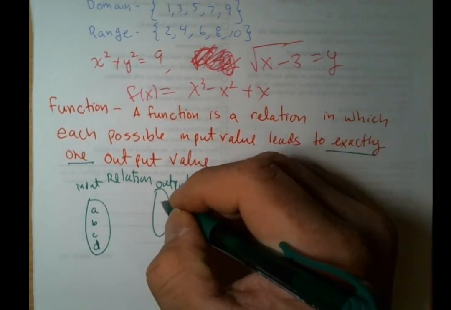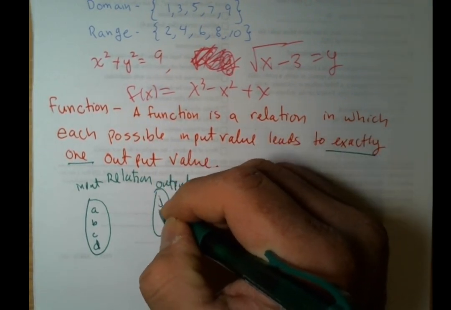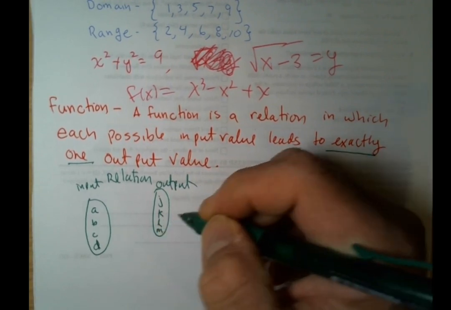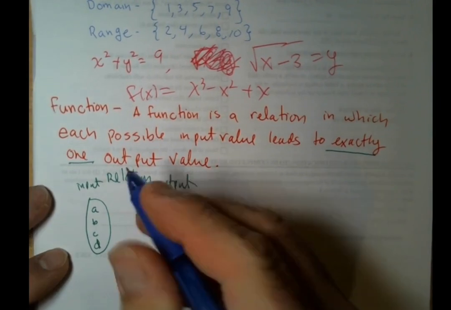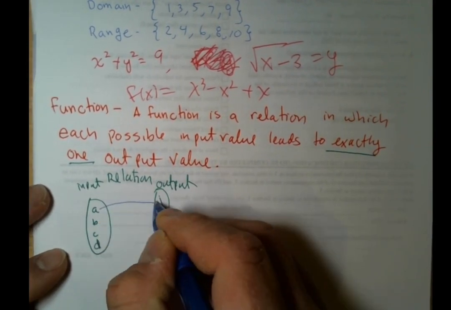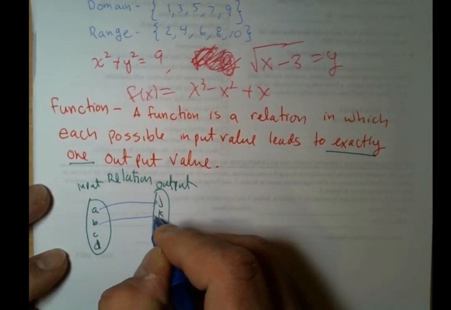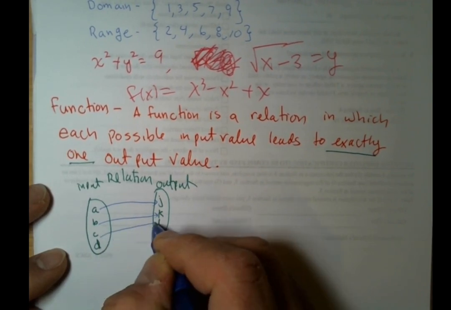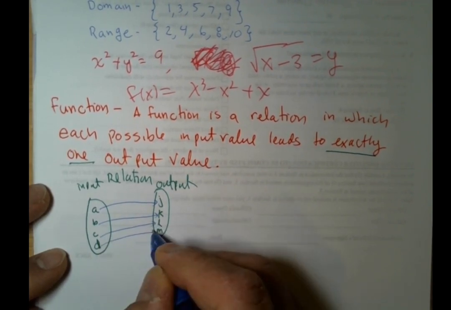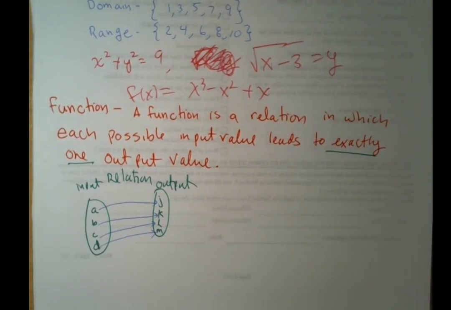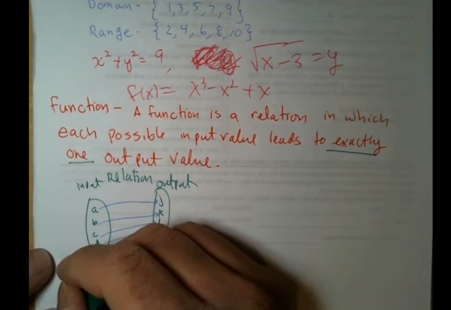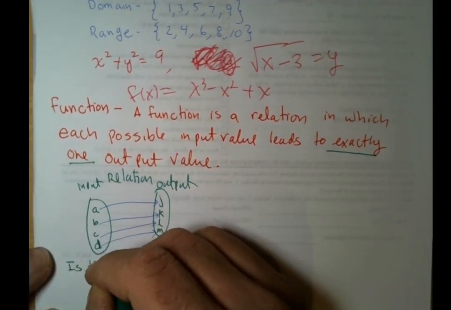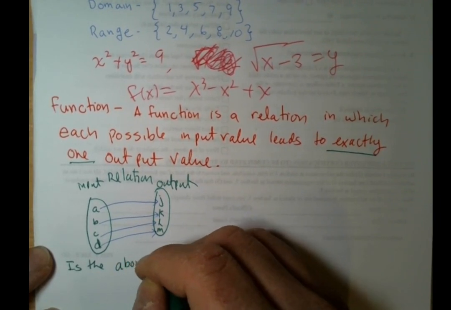And the outputs, let's call them J, K, L, M. Let's say A maps to J, B maps to K, C maps to L, and D maps to M. Then we want to ask ourselves, is this a function? Is the above relation a function?